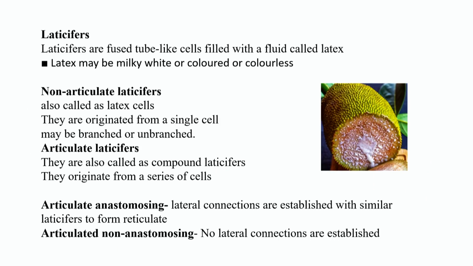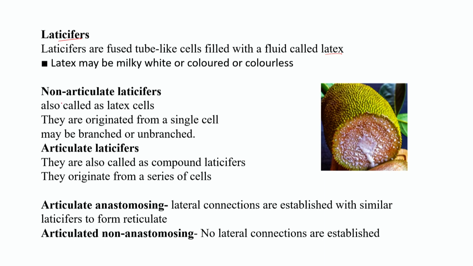Then the next type of secretory structure is laticifers. Laticifers are filled with latex. Latex is a very heterogeneous chemical compound. You would have seen milky latex or yellow-colored latex, which we have discussed before. Like here in jackfruit you can see the secretion of milky latex.